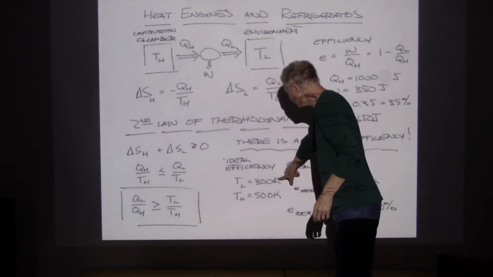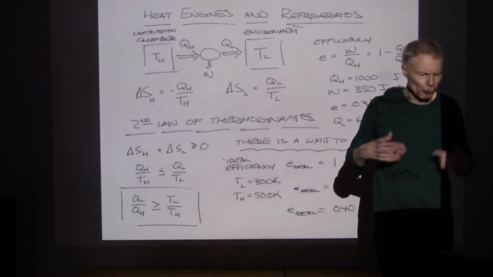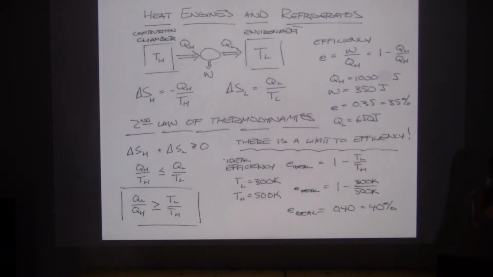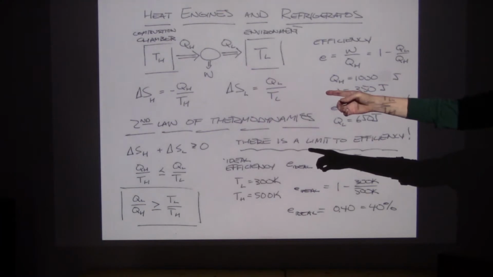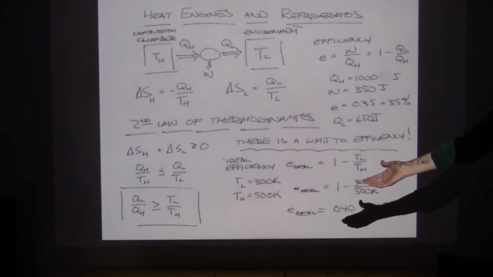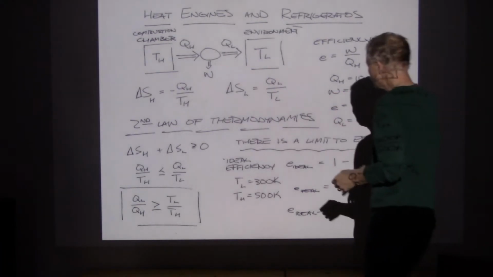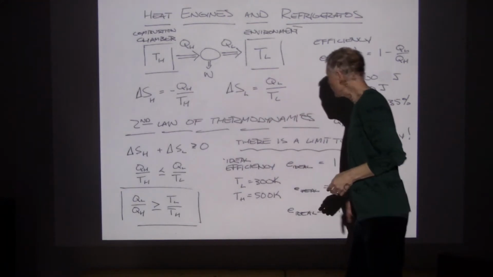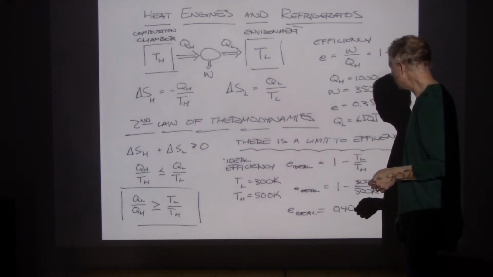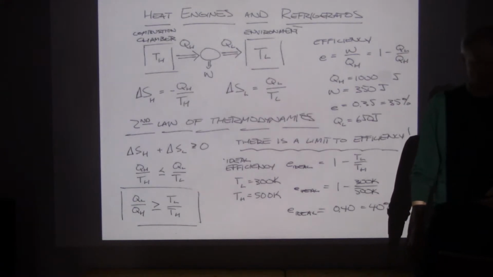There's not much of a good method for lowering that low temperature number, right? We're kind of stuck with the environment's temperature. I mean, we could move everything to Alaska or something, and then the temperature outside would be lower, and that would boost our efficiency a bit, but that's not very practical.